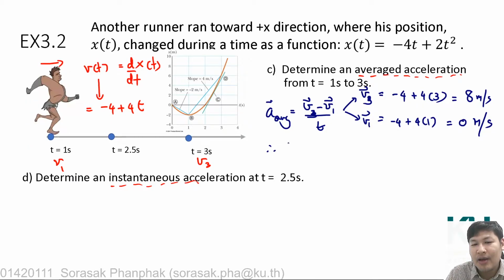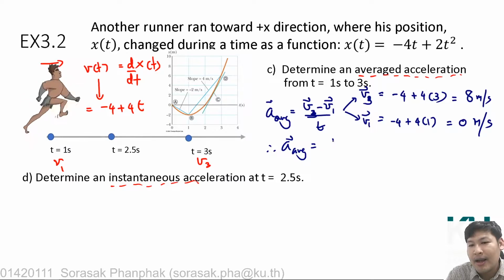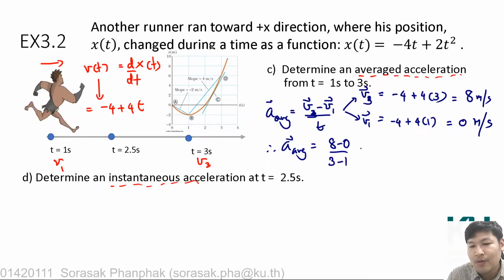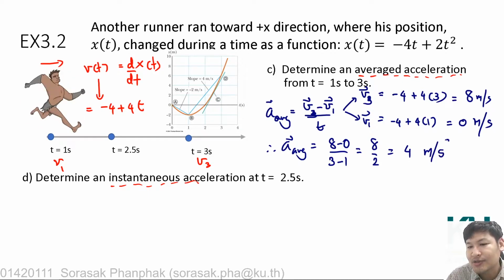So you can find the average acceleration equal to 8 minus 0 divided by 3 minus 1, which is 8 over 2, is 4 meters per second squared.